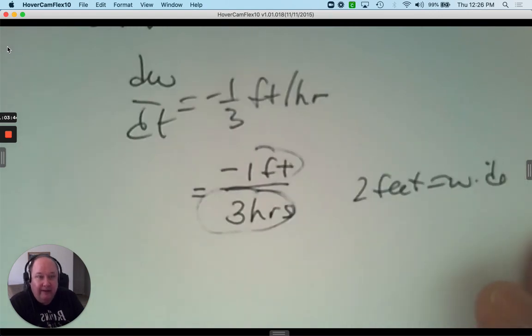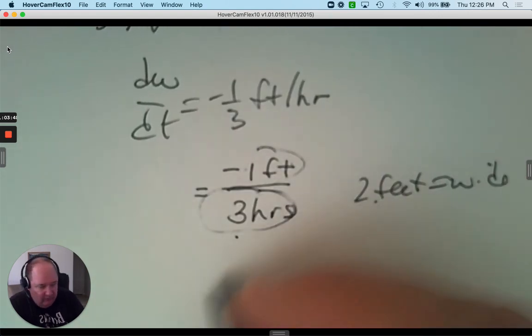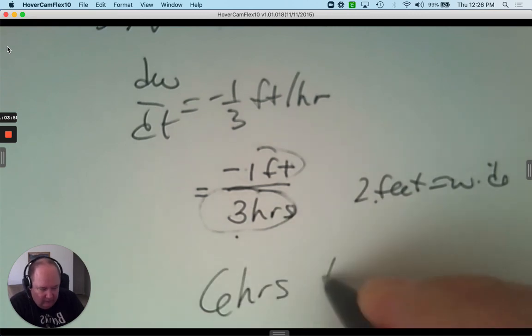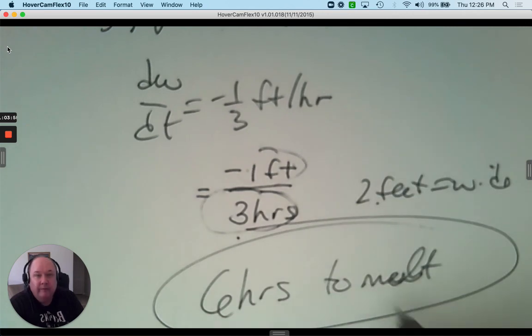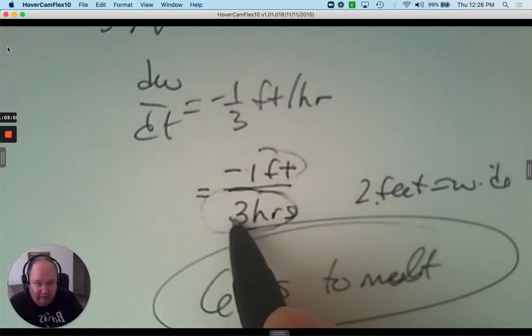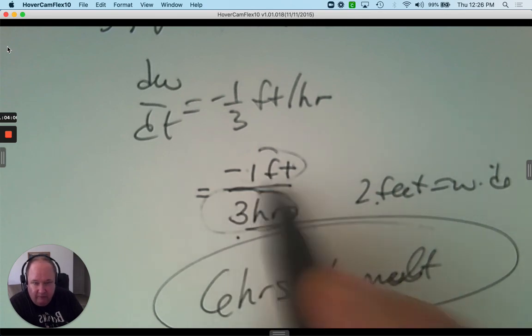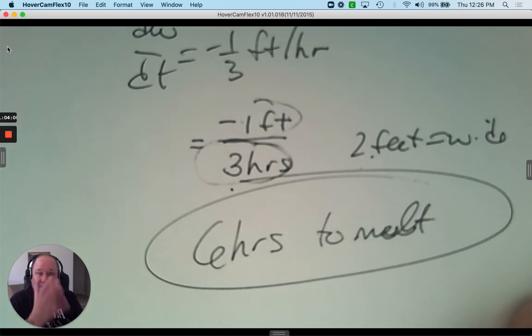So if the rate is every 3 hours, 1 foot is melting, then you could see the answer is 6 hours to melt, because we have 2 feet. So 2 feet would take 6 hours. Put it together, and it would take 6 hours to melt.